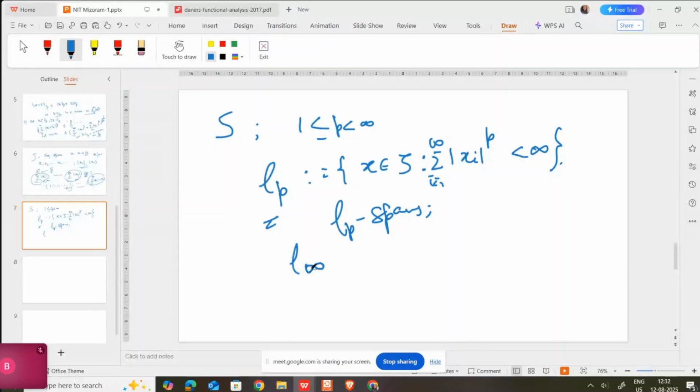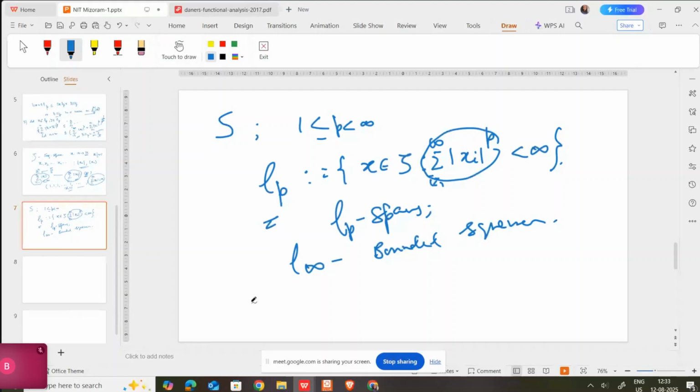How do you define L infinity? They are bounded sequences. So this is an additional condition that we have. Now, how do you define this convergence here?